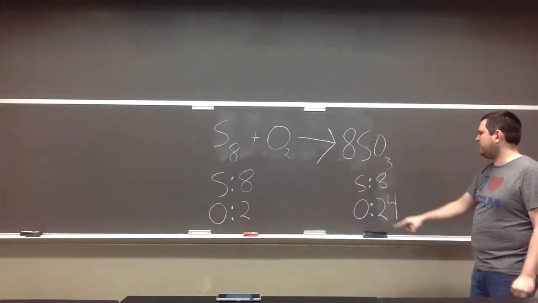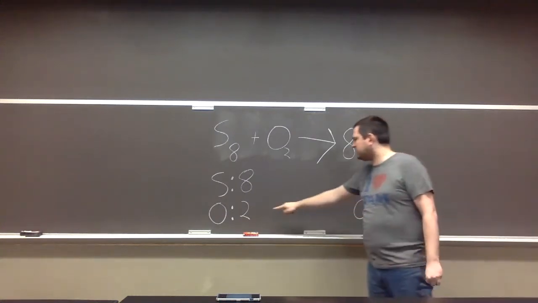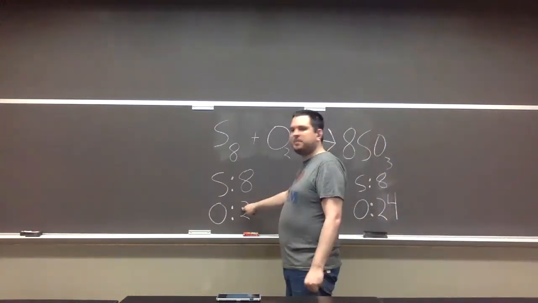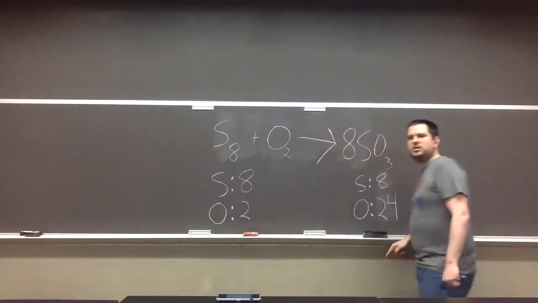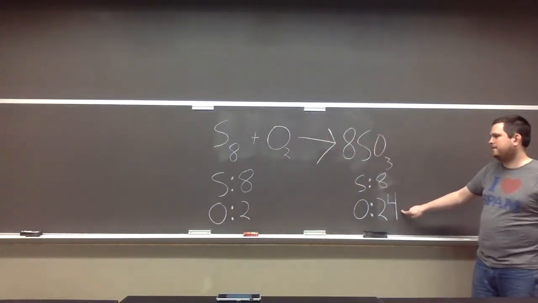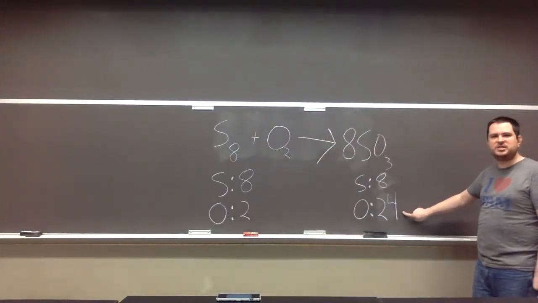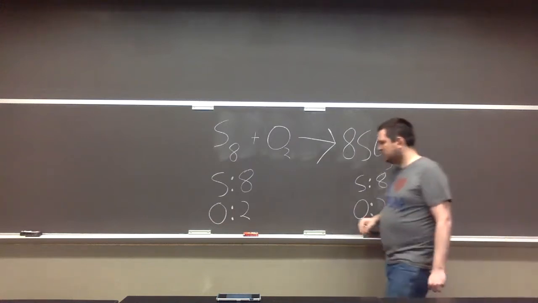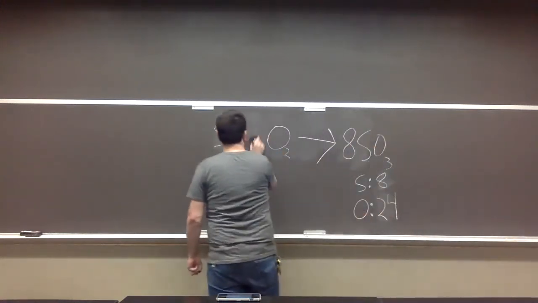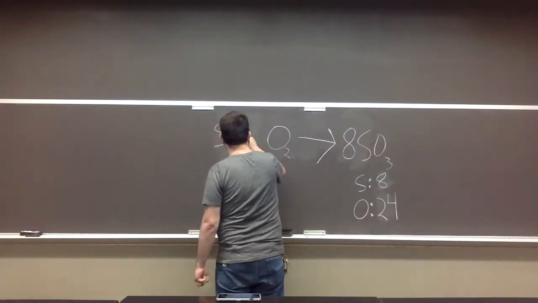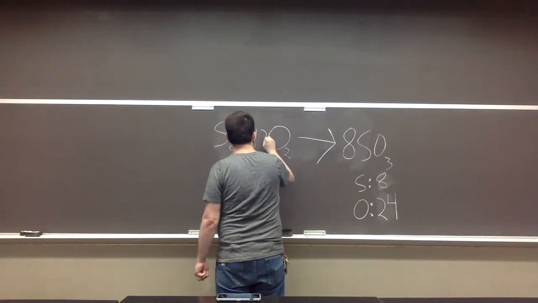So our sulfurs are balanced, but now we need to balance our oxygen. Can you multiply anything by 2 to get 24? The good news is you can. It's going to be a large number, but you can.